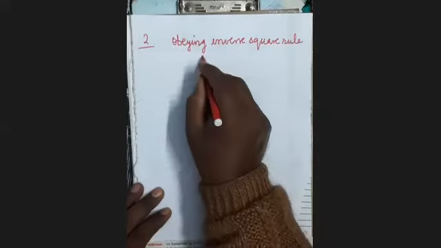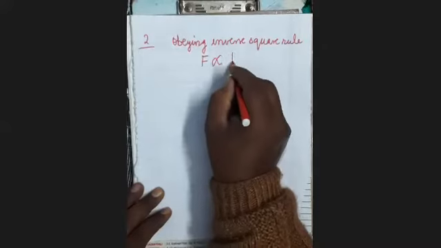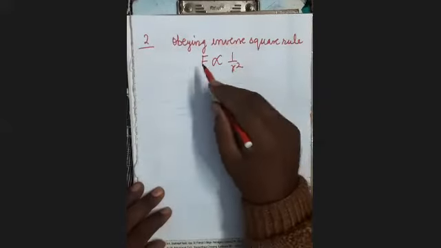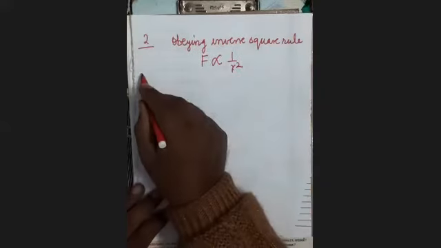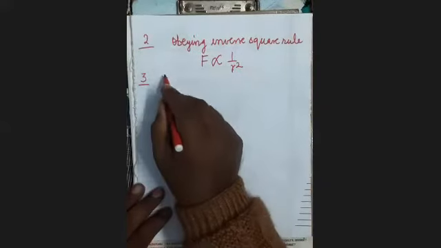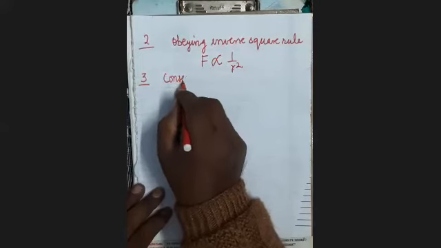Inverse square rule means it is inversely proportional to the square of the distance between point masses. As the distance increases, force will decrease.